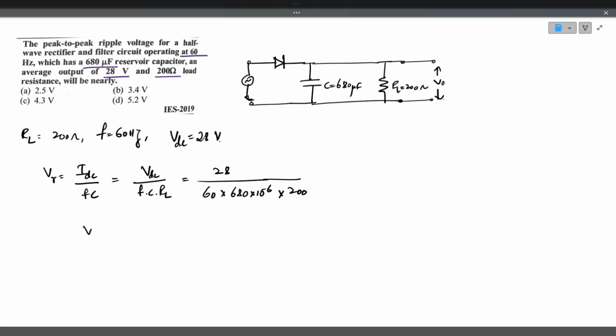So here the VR comes as 3.43 volts. Okay, so the answer is option B. For those who have doubt how this ripple voltage equals IDC by FC has come, we'll see the derivation here.